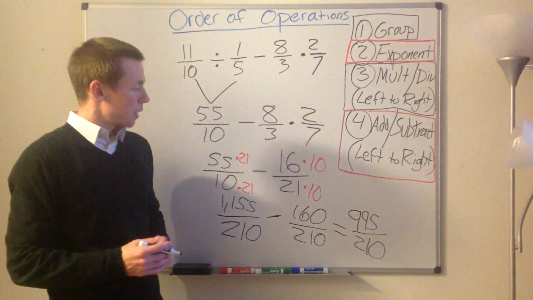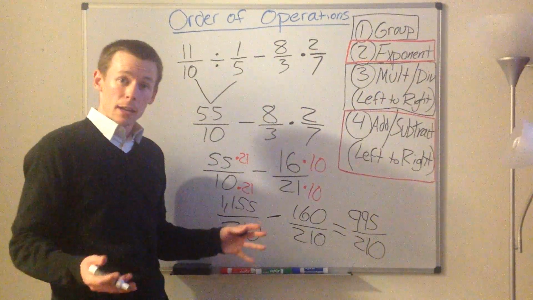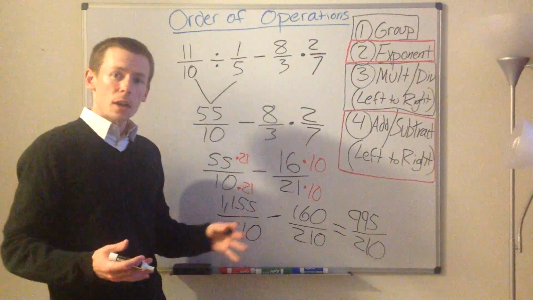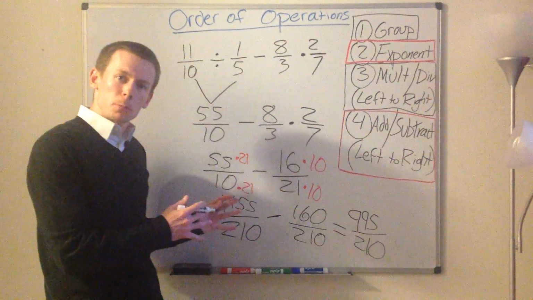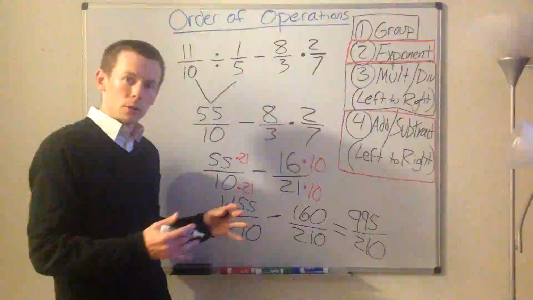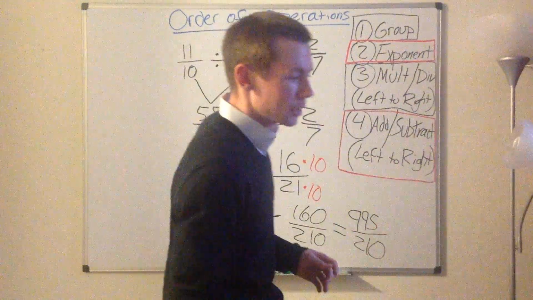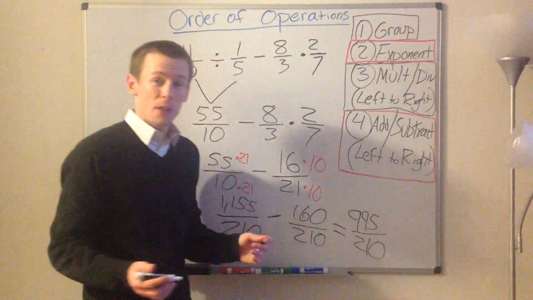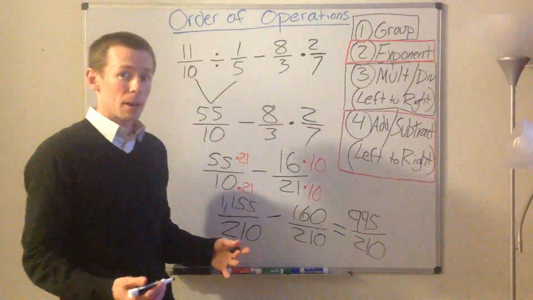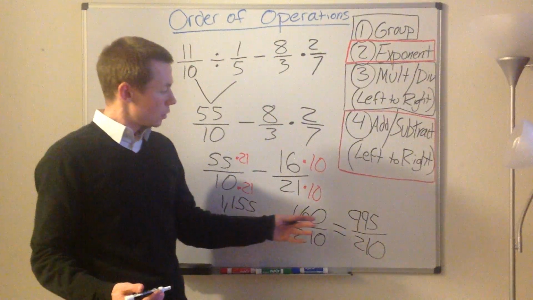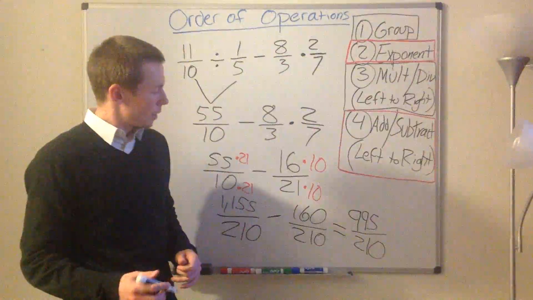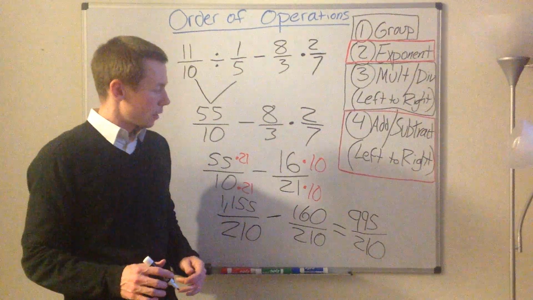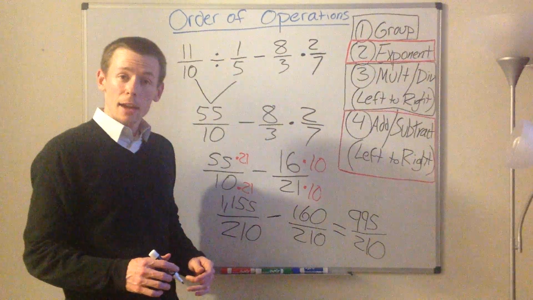Okay, so now technically that's a correct answer, but it depends on what MyMathLab wants. And I borrowed this problem from the homework to give you a good example. And they say type a whole number or simplified fraction. So they don't say anything about a mixed numeral. So they want you to reduce this. So what you're looking for is the largest number that can go into both 210 and 995.